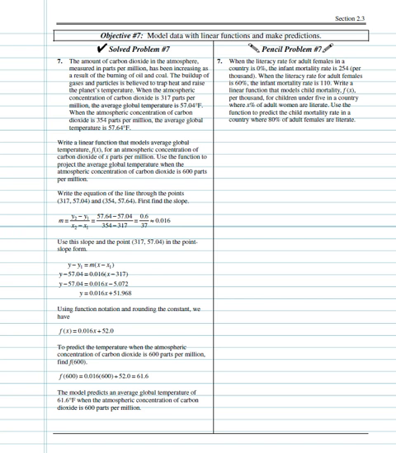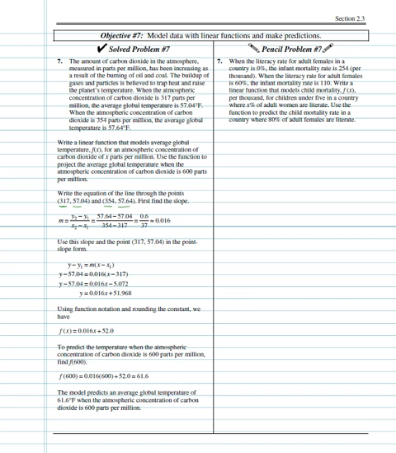So the carbon dioxide is the independent variable and the temperature is the dependent variable. That's why, when you see 317 is the carbon dioxide, 57.04 is the temperature, 354 is independent, 57 is dependent.